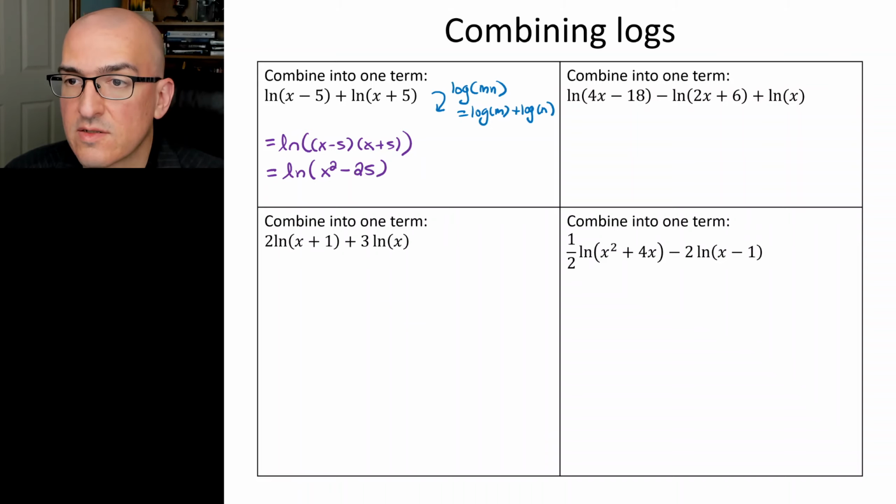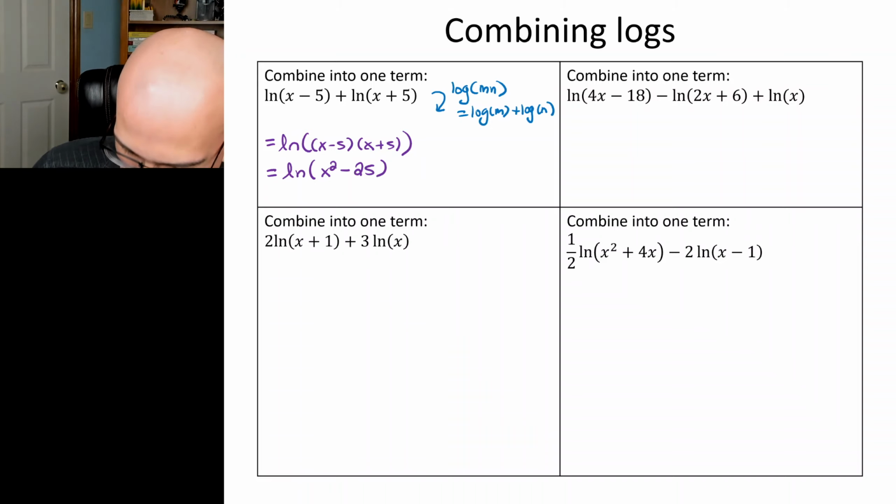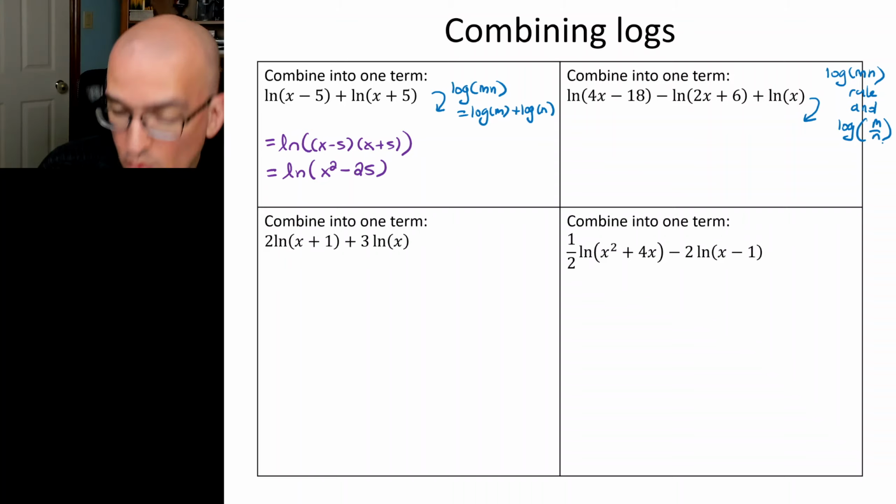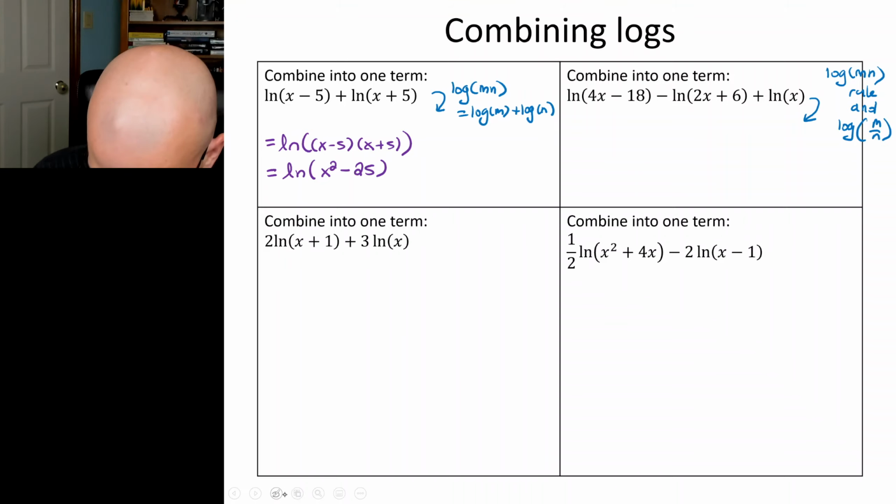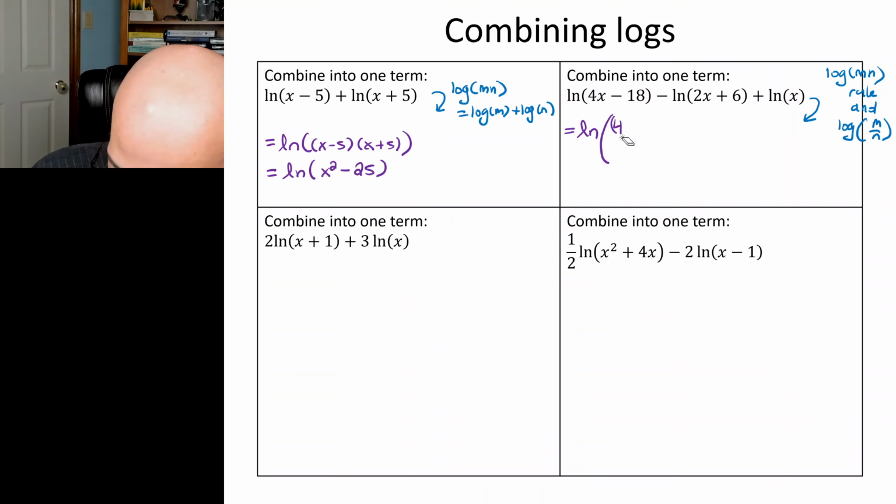Okay, next. I'm going to go with the one on the right, and we're going to use two rules. We have the log of m times n rule and the log of m divided by n rule. We're going to use both rules together. We have the ln of the top thing, put some brackets to make sure I don't screw everything up, 4x minus 18.